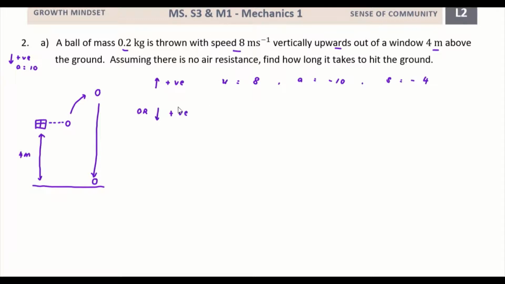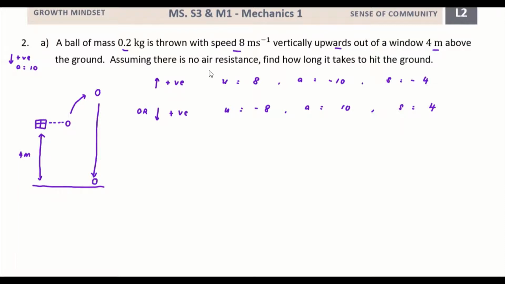Then when you throw the ball up, your initial velocity is opposite to your positive direction, so it's negative 8. Because going down is positive, a will be positive 10, and s is going to be 4. No matter which set of values you use, at the end you will get the exact same answer.